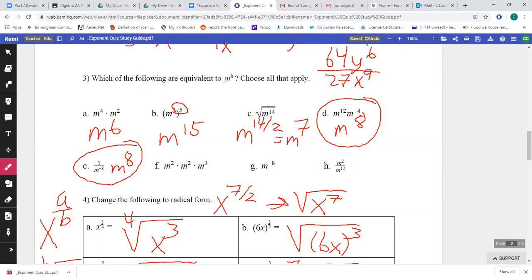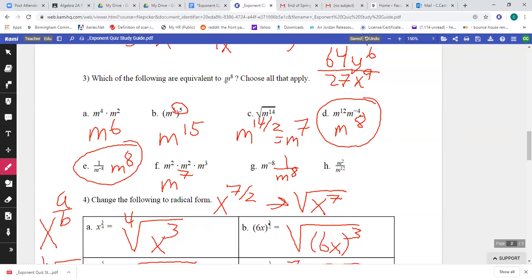Letter F, m squared times m squared times m to the third. So once again, this is just like letter A, except you just have an extra term, but I add the exponents on top. 2 plus 2 plus 3 is m to the 7th. So that one doesn't work. G, m to the negative 8. I flip it because there's a negative exponent. That doesn't work.